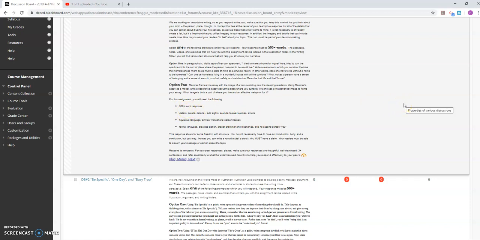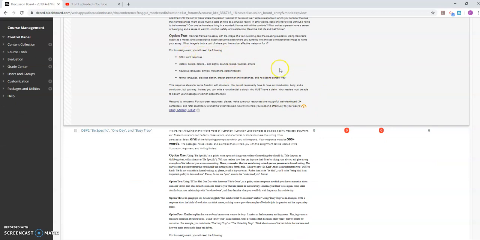Since we are working on description, you need to have description in the writing. It should have details: sight, sound, taste, touch, smell, specific street names. If you're talking about a neighborhood, you should name the streets. Okay. Provide specificity. Name the businesses that are in the area.